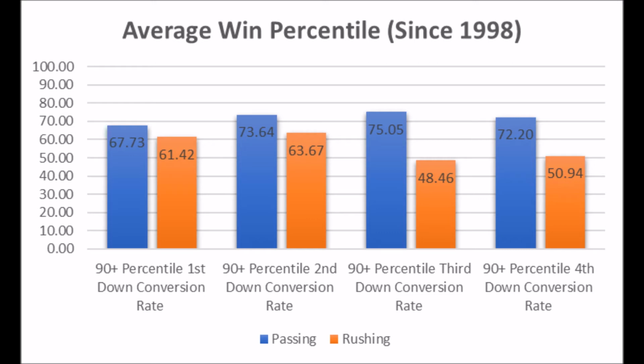Essentially saying that if you convert first downs at a high rate with the pass, when it comes to first down conversion rate, second down conversion rate, third down conversion rate especially, and fourth down conversion rate especially, if you convert in those situations with the pass, you win significantly more football games. Significantly more football games when you win with the pass versus the run in terms of those situations.